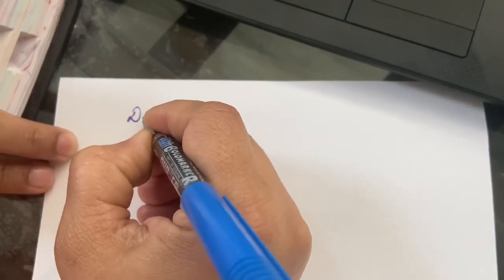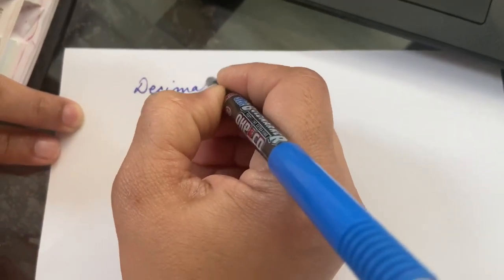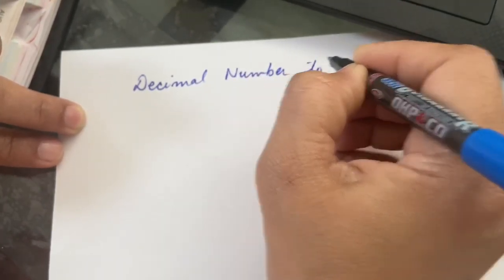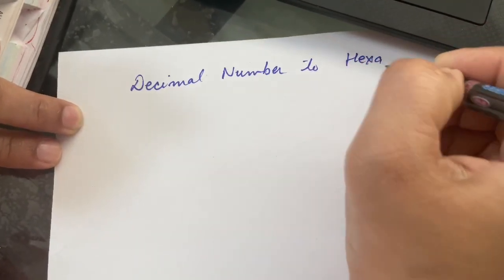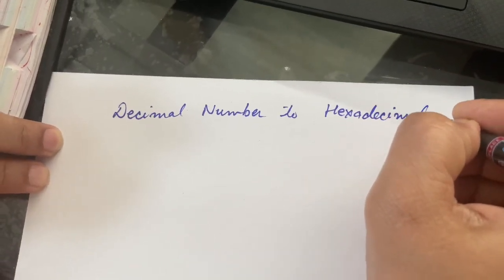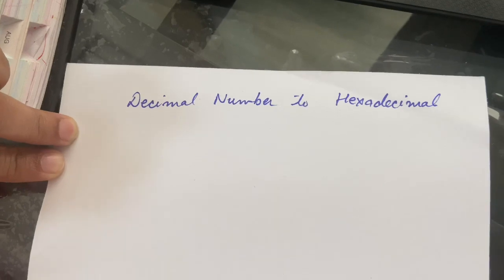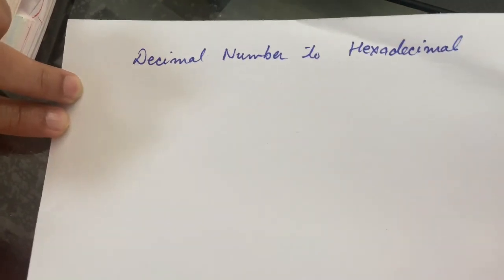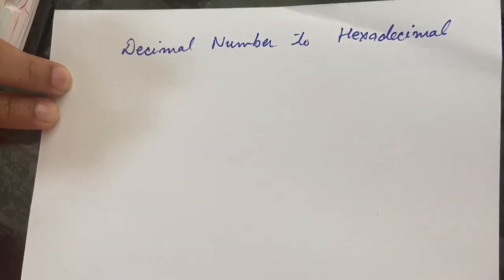Children, now I am going to explain decimal number to hexadecimal number. The conversion of decimal to hexadecimal is also similar to the conversion of decimal to binary and decimal to octal.